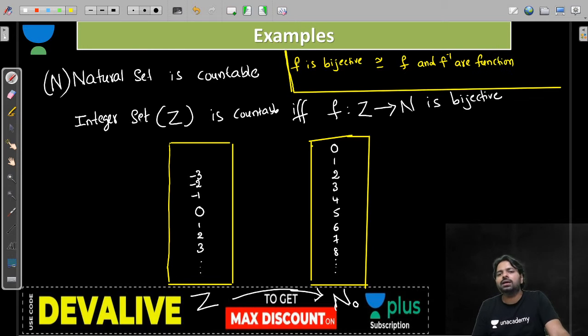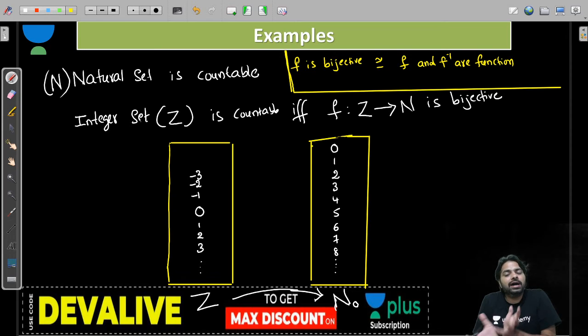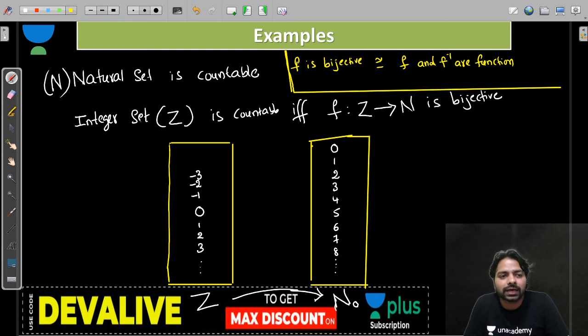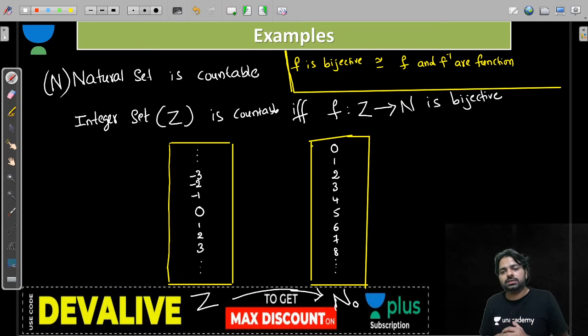F is a function, f inverse is also a function. It means you have to show f and f inverse, then I believe Z is countable. So I am trying to show that I have both: f exists, f inverse also exists. Both are functions. Now, how do I prove it?